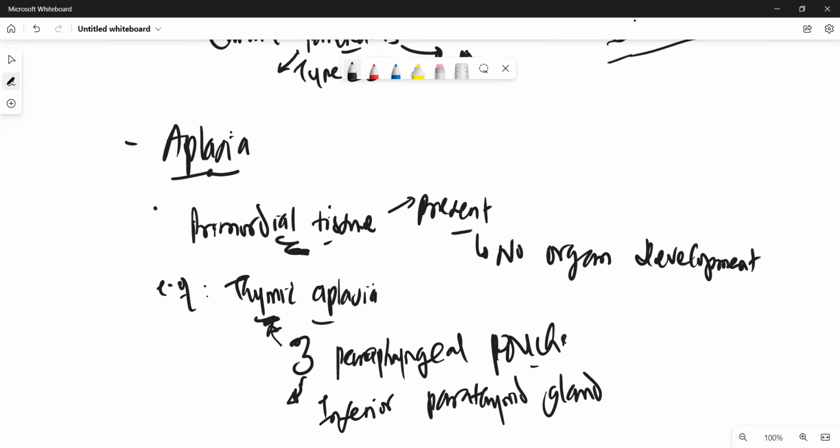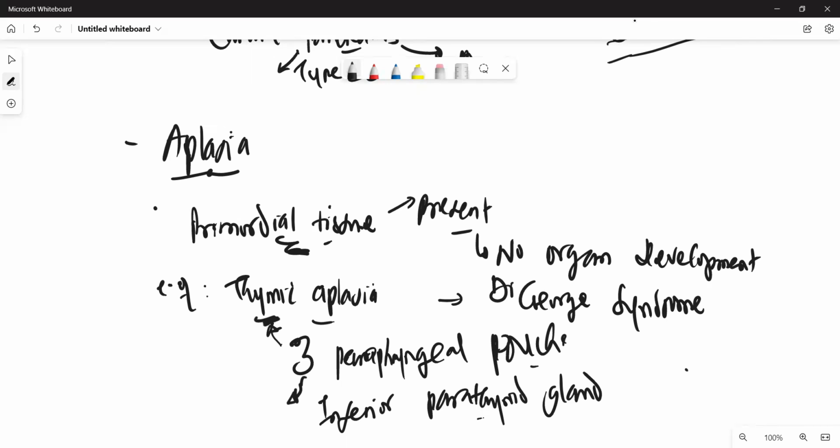So in patients who have thymic aplasia, maybe from DiGeorge syndrome, there is failure of the third and fourth pharyngeal pouches. As a result, they have no thymus and no parathyroid, because the fourth pouch is where the superior parathyroid comes from.